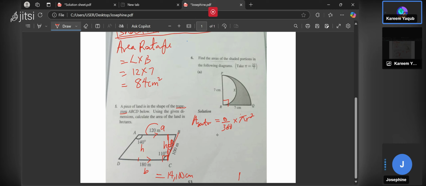How do I know this? Very simple. Because the two radii are perpendicular from looking at it.